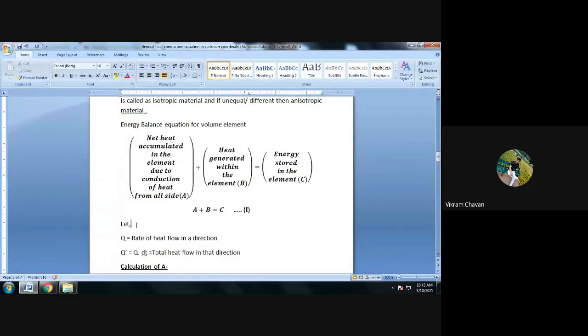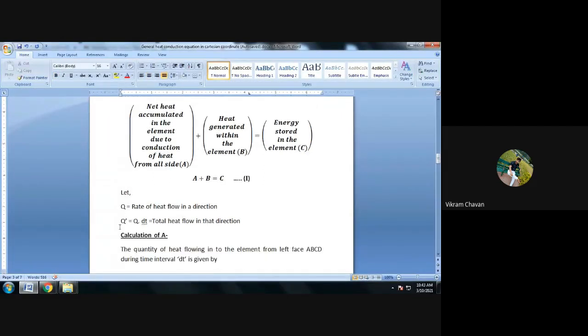Further, let Q be the rate of heat flow in a direction.